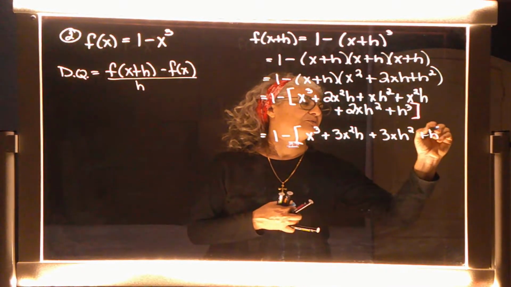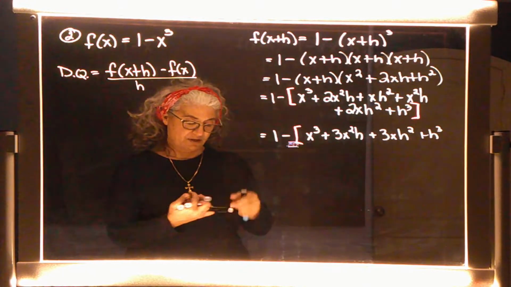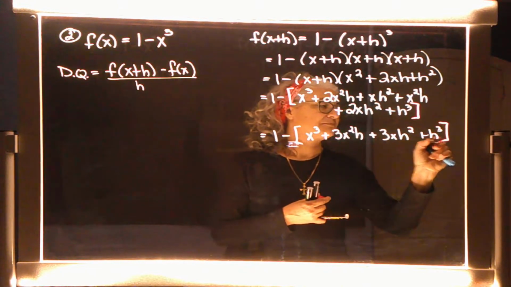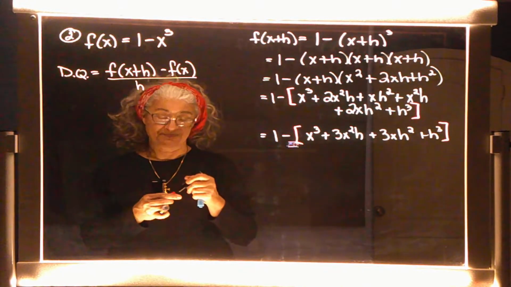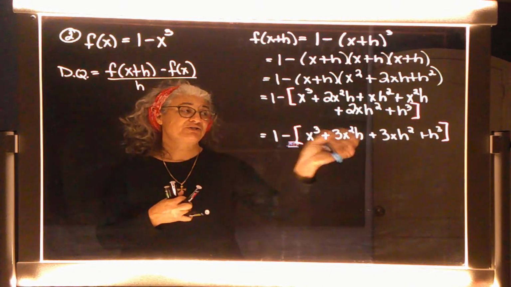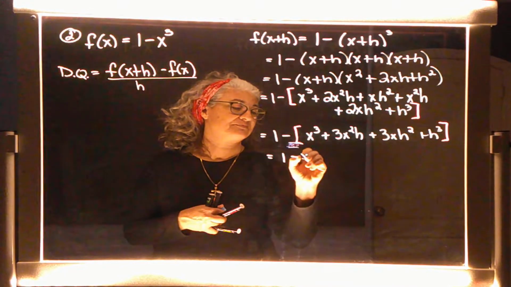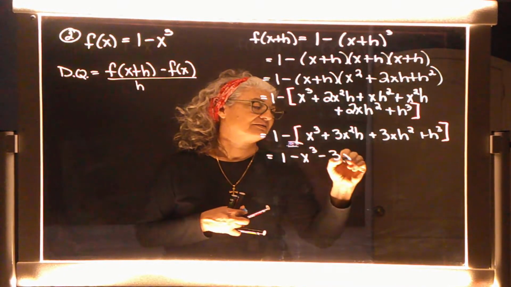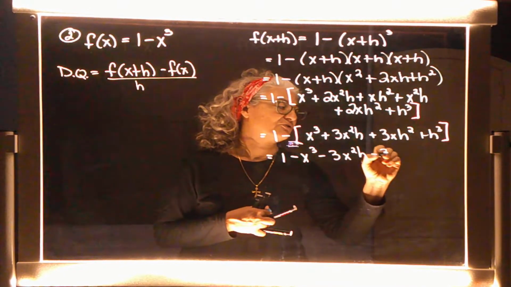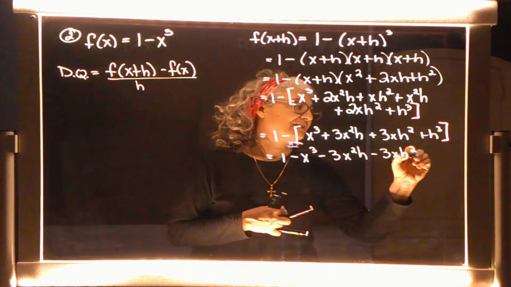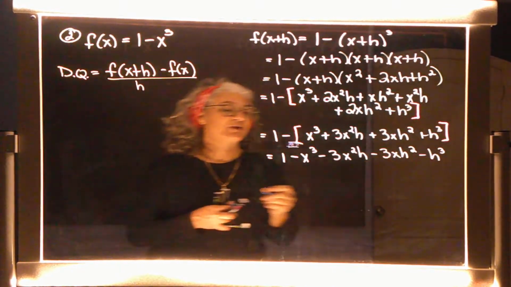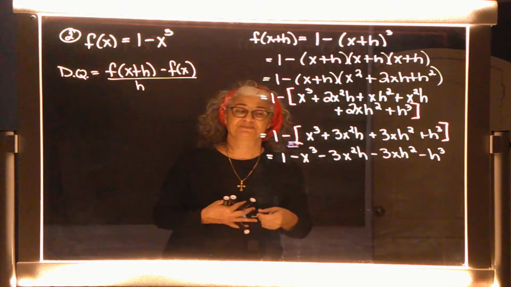And then the h to the power of 3. Okay. Well, that's a little better. And now finally, you get to distribute that negative sign, don't you? And after you distribute the negative sign, here is your f of x plus h.